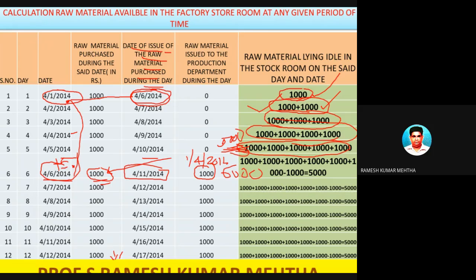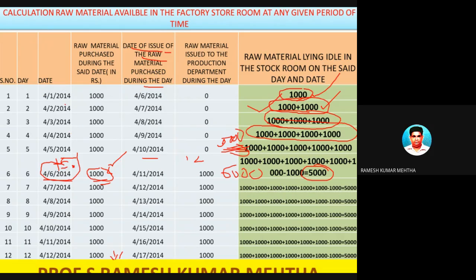But from this, the old one is removed to the extent of 1,000 rupees. So 5,000 plus this 1,000 is equal to 6,000, but issued is the old one of 1st April, 1,000 rupees. So the amount of raw material lying idle in the stock room on this particular date, 6th April, is 5,000 rupees.